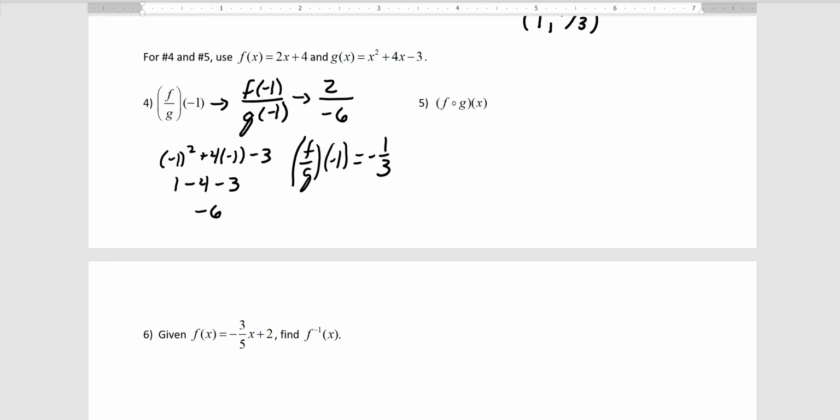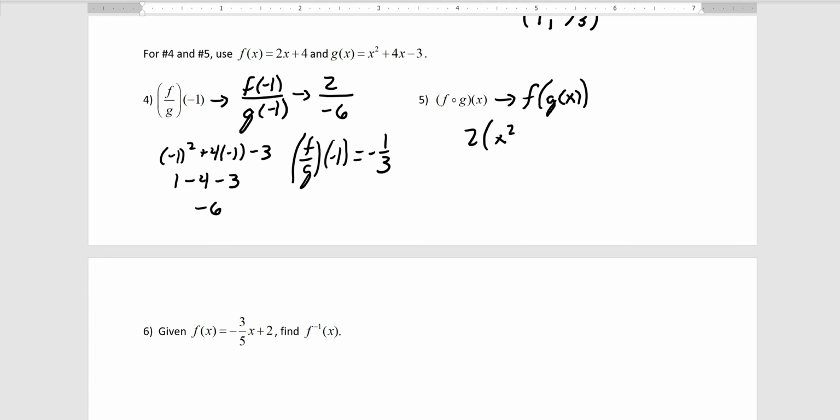Looking at number 5. f of g of x. So for this one, we need to put g of x inside f of x. So to do that, I would say 2 times, and now g of x, x squared plus 4x minus 3, and then plus 4. Don't forget the plus 4 from f of x.